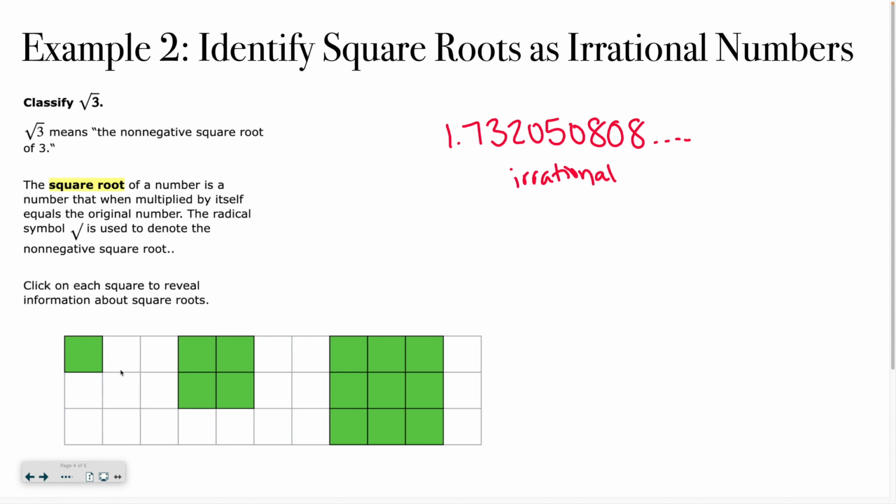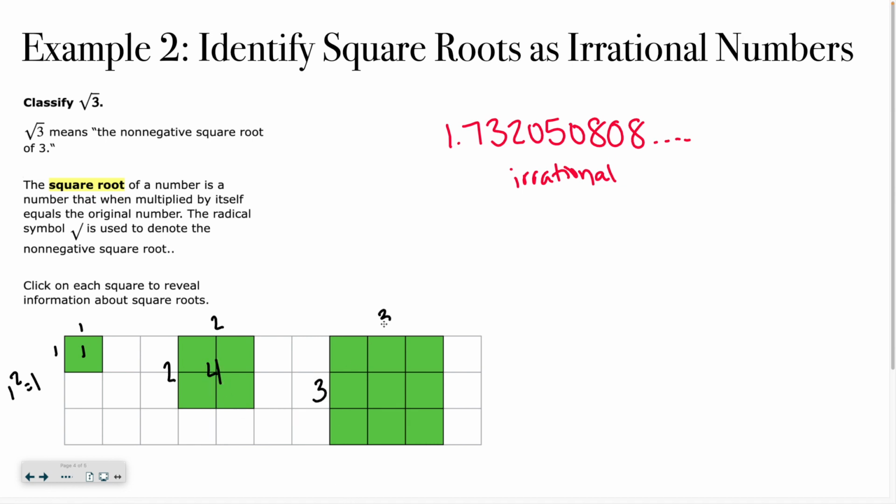So to talk about square roots, let's look at these diagrams here. A square is this image right here, right? So you can see this square is a 1 by 1, and it covers 1 square. So that's like saying 1 squared is 1. Then over here, you can see that this is 2 units by 2 units, and it covers a total of 4 squares.